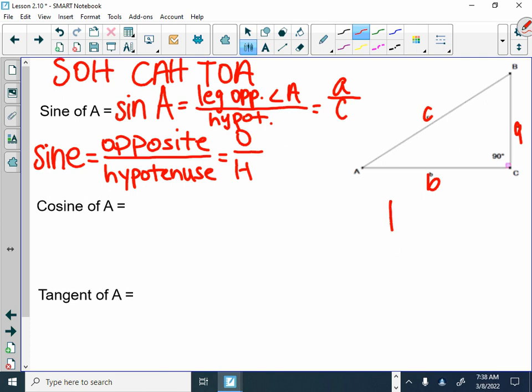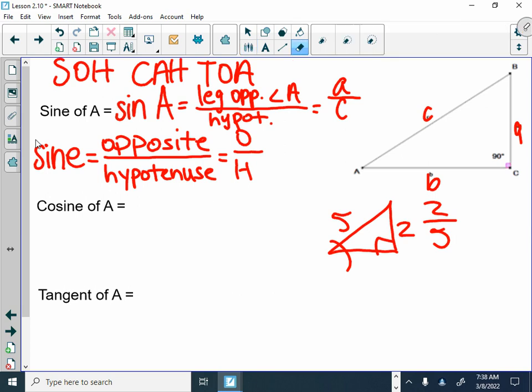Okay, so for example, if I was trying to figure out the sine of this angle and I had 2 and 5, my ratio would be 2/5. The leg opposite divided by the hypotenuse. I promise this will make more sense once we do examples.